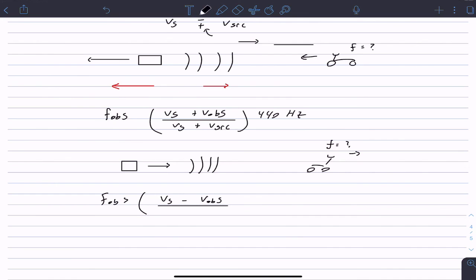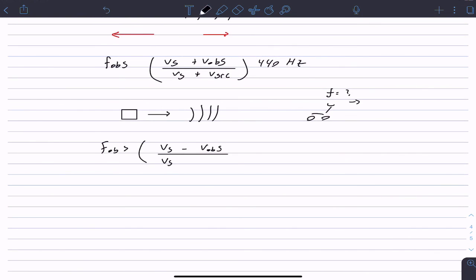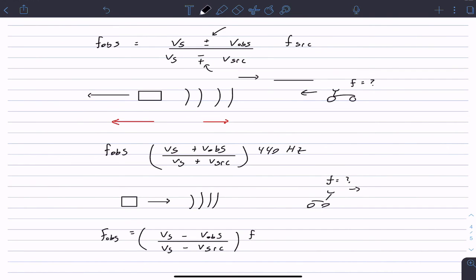And if this source is traveling in the same direction as the sound, we'd get minus, right? So V sound minus V source, times frequency. So that's kind of how those sign conventions work. And again, if you're confused, there are more clear explanations, I think, in the book and also online.